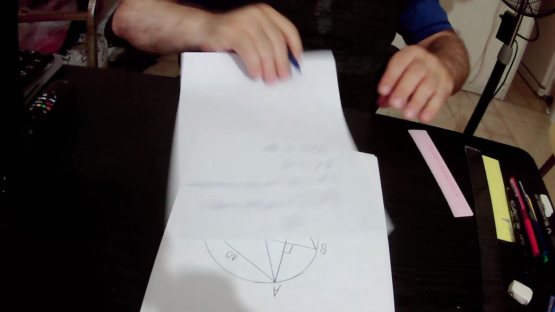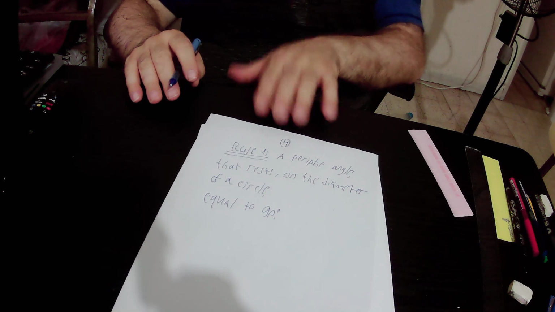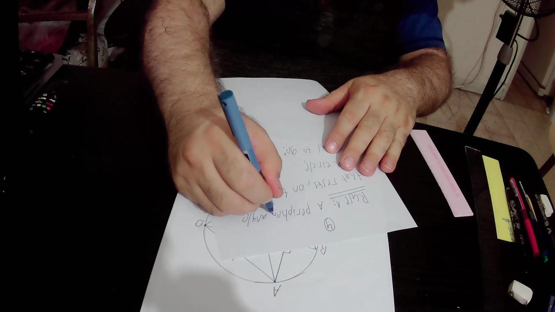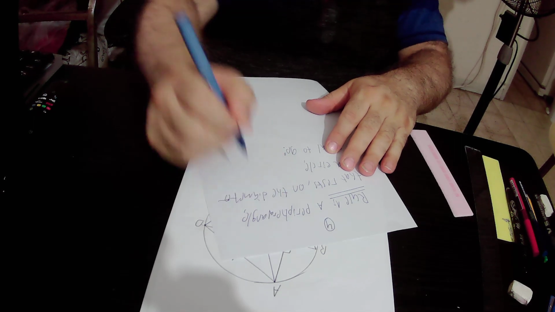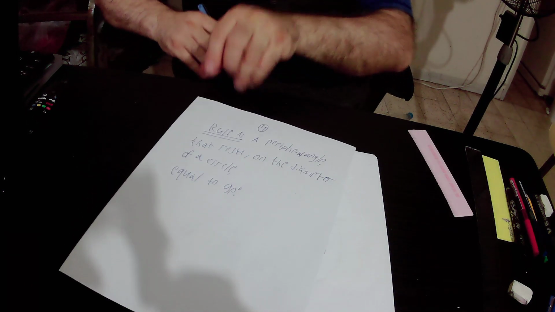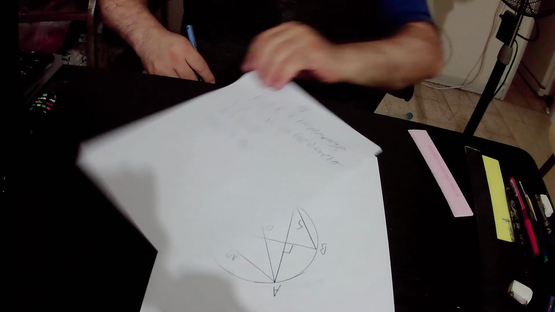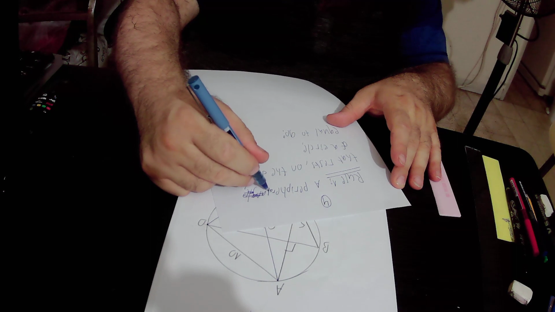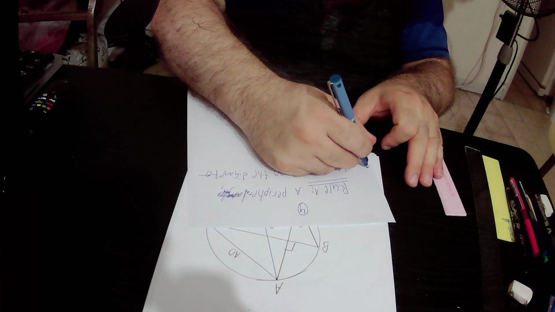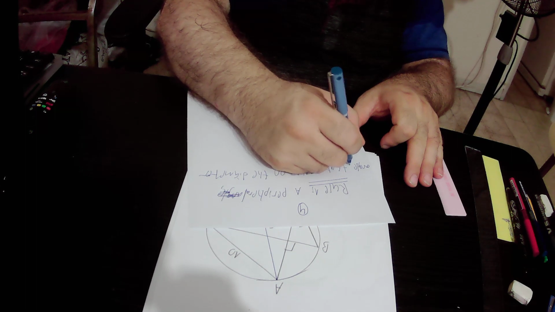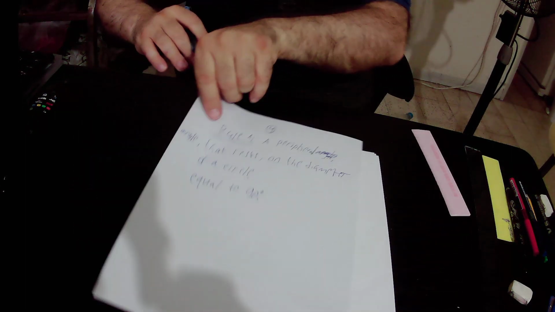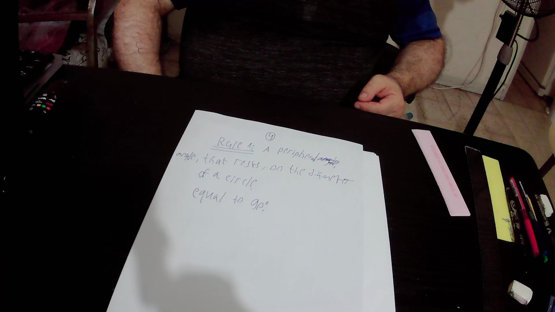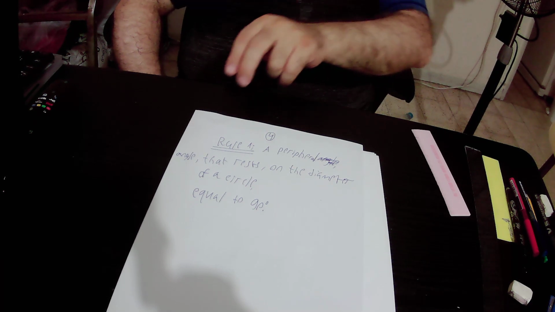I will read rule number 1 again. Rule number 1 states that a peripheral angle that rests on the diameter of a circle equals 90 degrees.